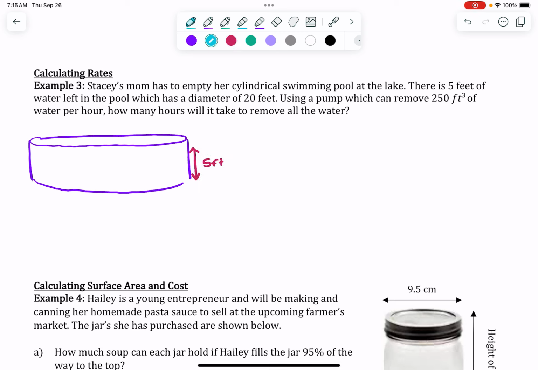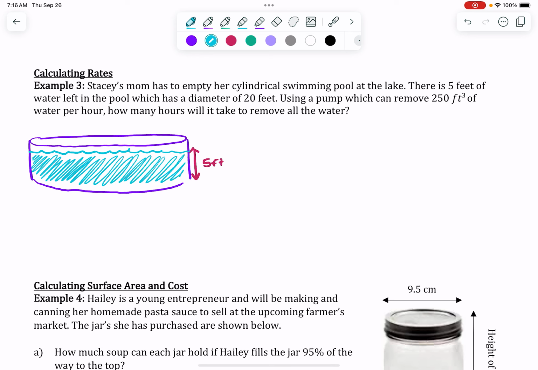So it doesn't matter how tall the pool is, but I know that the water goes up to 5 feet. That's its depth. I also know that the pool has a diameter of 20 feet.